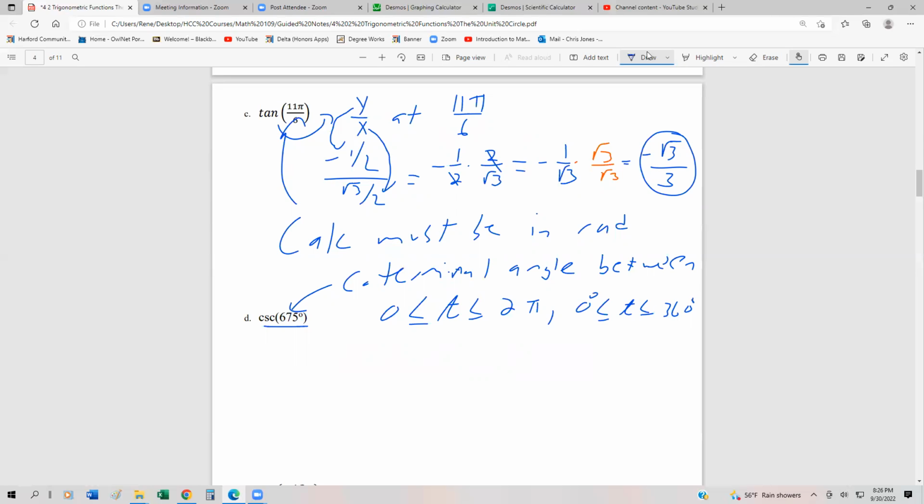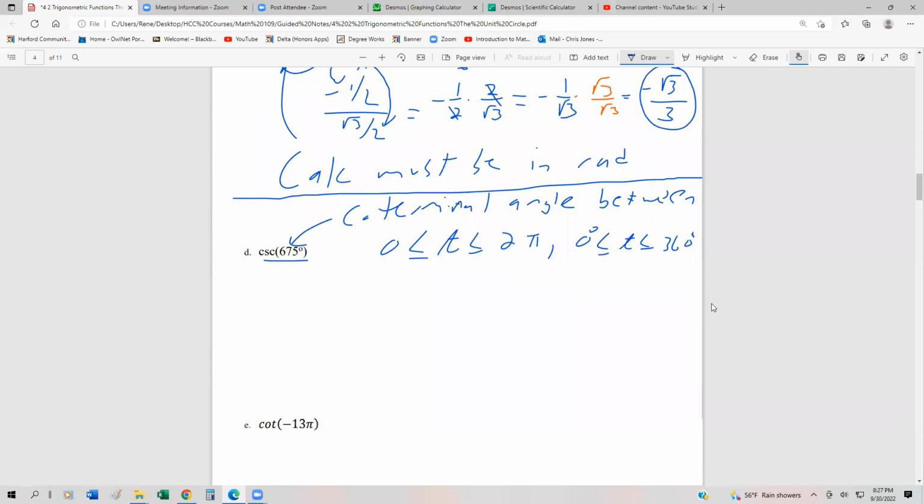So that's the trick. If it's outside of the unit circle's domain, we're just going to have to find a coterminal angle. And remember, to find a coterminal angle, we just take 675 and subtract 360. And if we do so, that's going to give us 315 degrees, all right?